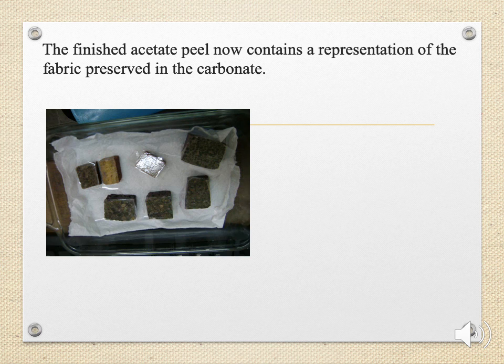So these are some acetate peels that I made on some rocks. You can see it's a clear film of plastic on the rock, and then I would just rip those off, and once it's ripped off, the finished acetate peel will now contain a representation of the fabric. So all of the grains, all of the shapes, and all of that is preserved.